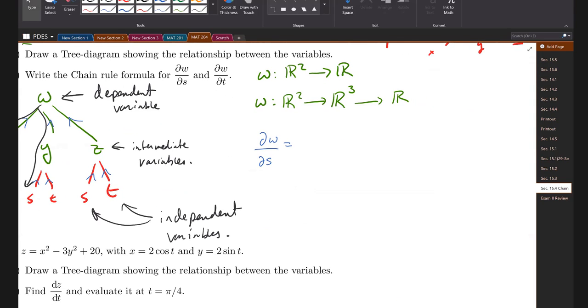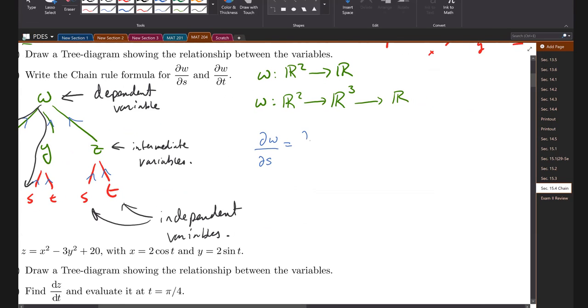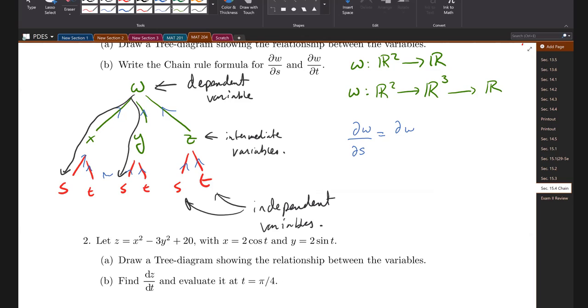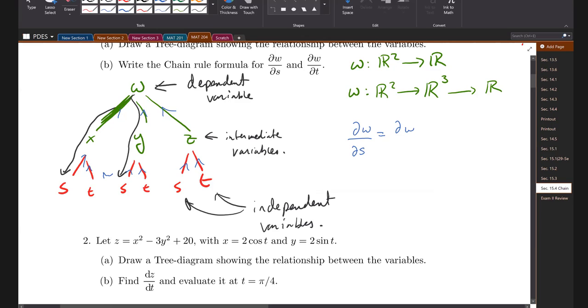So partial W, partial S is tracing the first one back. I'm going to trace this one back. First I'm going to go backwards to here, and then I'm going to go backwards to here.